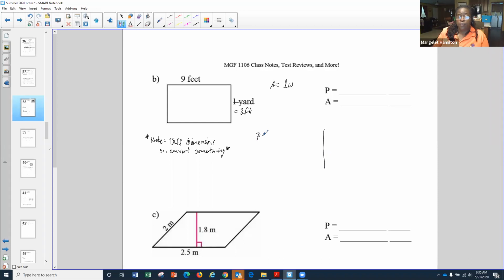So for our perimeter, you're using the formula, 2L plus 2W, or just adding up everything. Then we have 9 plus 9 plus 3 plus 3.